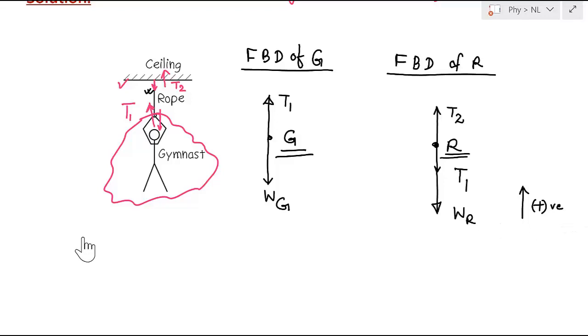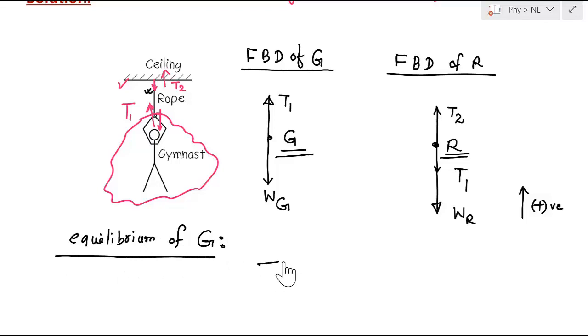So if I consider equilibrium of the gymnast, the sum of all the forces has to be 0. In the upward direction, force T1 is acting. In the downward direction, force WG is acting, and that's why we have put a negative sign. Sum of all the forces is equal to 0. So this means T1 is equal to the weight of the gymnast.